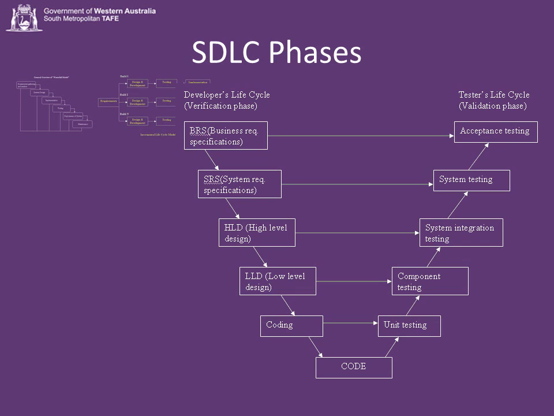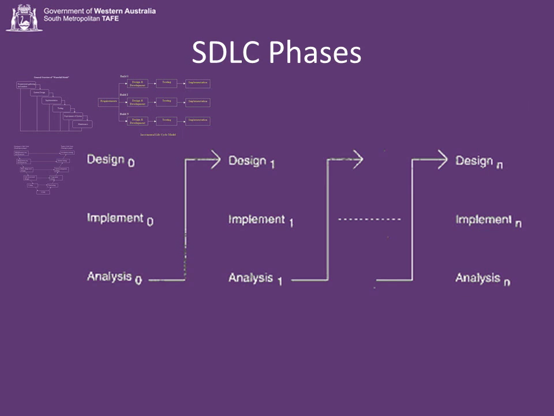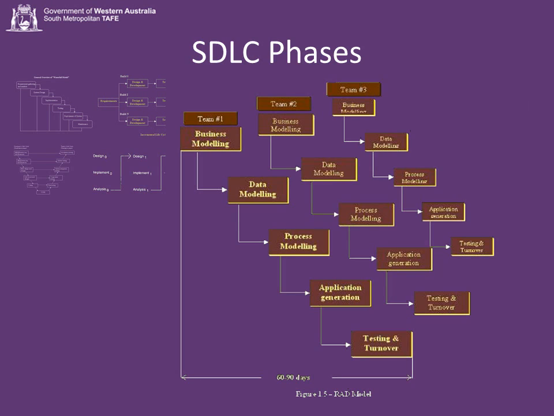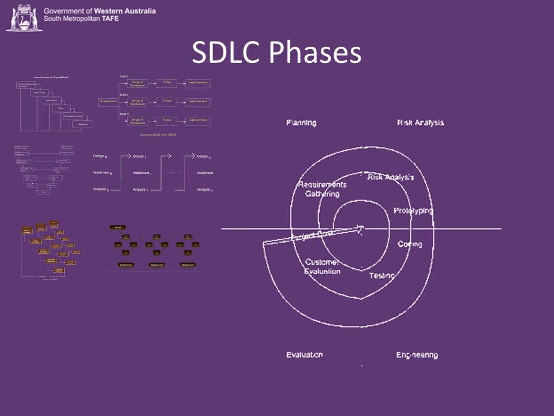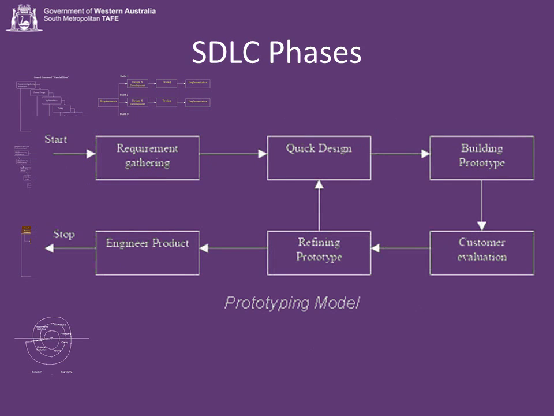The V model, the iterative model, the rapid application development or RAD model, the agile model, the risk analysis based spiral model, the prototype model, which is a product of our throwaway society.